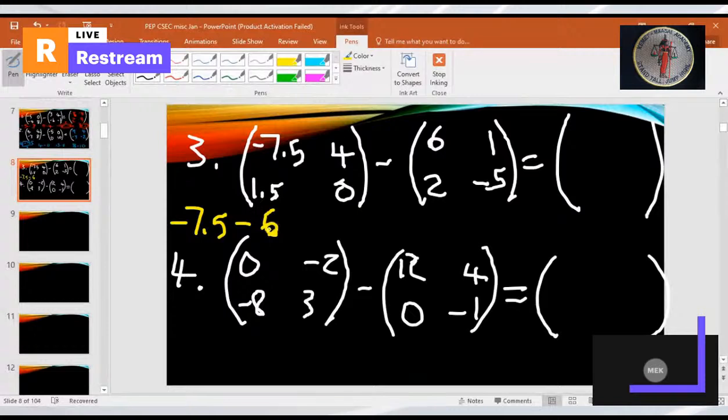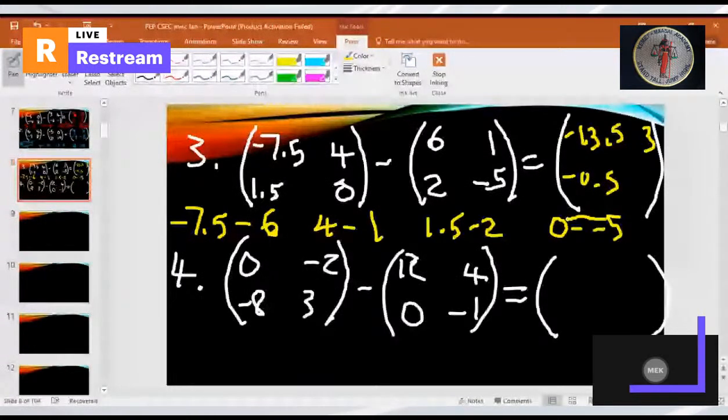We have 0 minus negative 5. And we know that the minus negative is going to work as a plus. So it's the same as 0 plus 5, which is a positive 5.